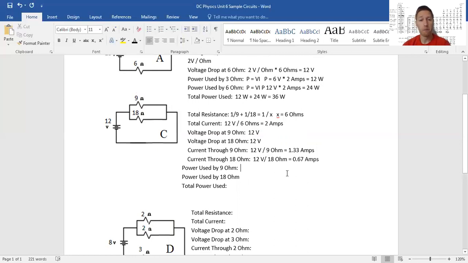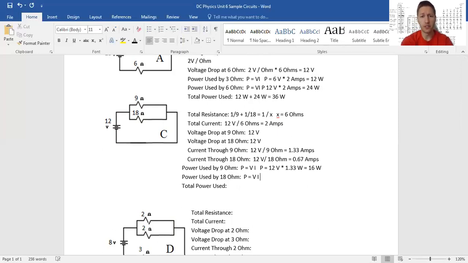Now to find the power, we get to use the same as last time. Power equals the voltage times the current. So the power is going to be equal to our voltage drop. Each one gets 12 volts. Going through the 9 ohm resistor, we're going to have a total of 16 watts. And going to this one, same thing.